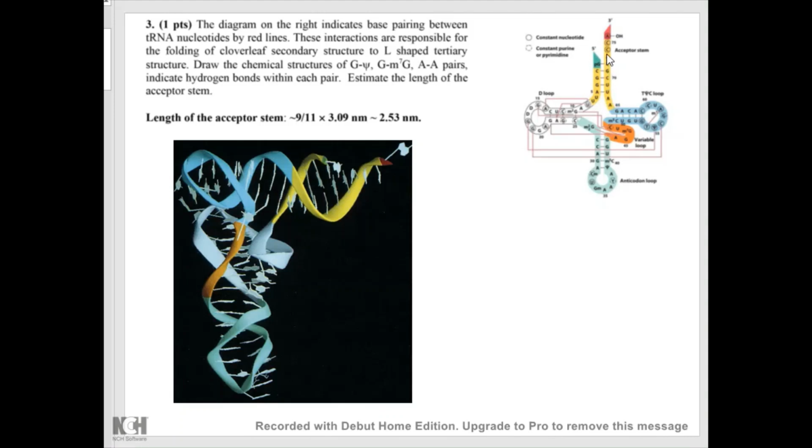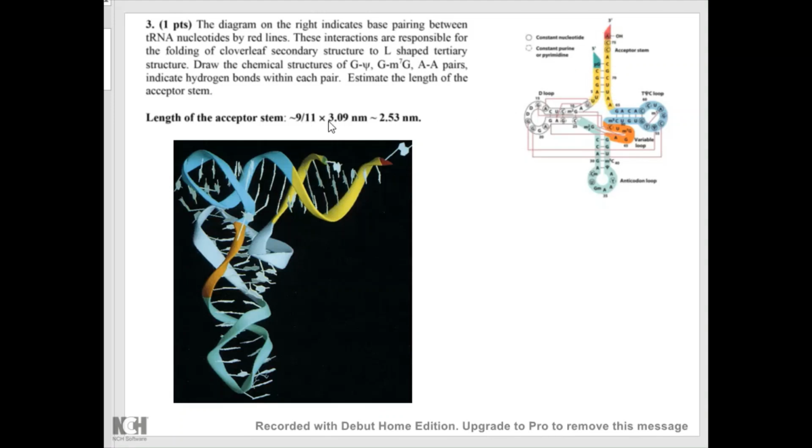And now, this is also acceptor stem. We have another 4 nucleotides added to it. So what I've done here, I calculated all of them as if they were the length of a helical turn, and I will explain why. But let me count, like 5 full base pairs, and 4 additional. So altogether, I count this as 9 base pairs.